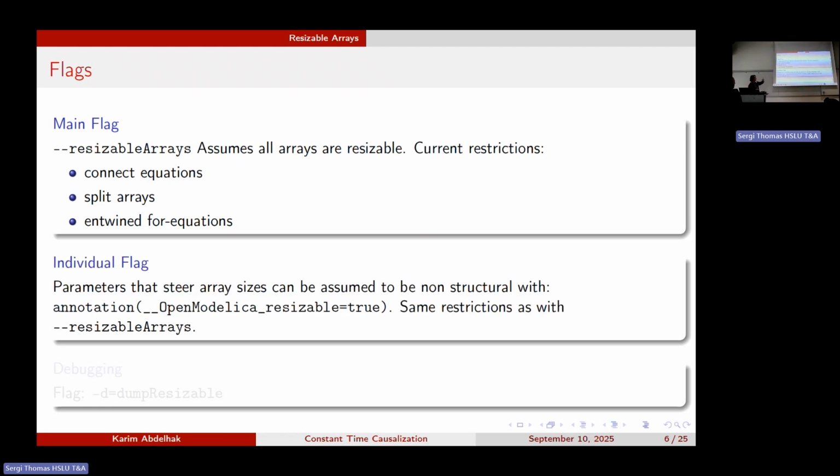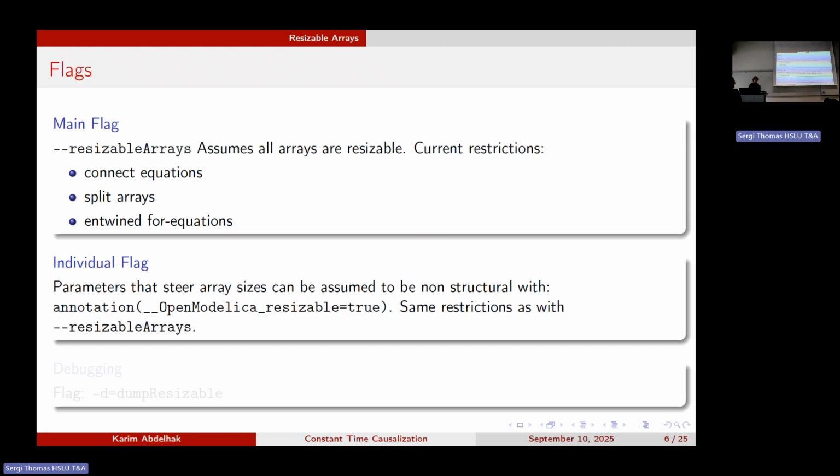So there's a flag to activate that every array-sizing parameter is considered resizable, the resizable arrays flag. But there's also an OpenModelica resizable annotation to make individual parameters resizable.